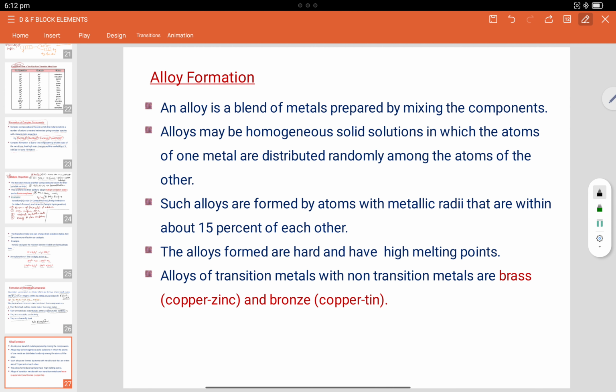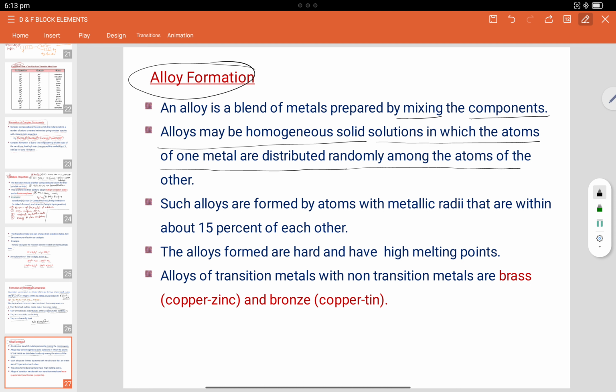Again, this is an important property, alloy formation. An alloy is a mixture of two or more metals. An alloy is a blend of metals prepared by mixing components. An alloy may be a homogeneous solid solution in which the atoms of one metal are distributed randomly among the atoms of the other. Such alloys are formed by atoms with metallic radii that are within about 15% of each other.